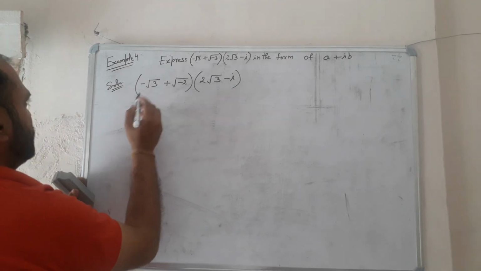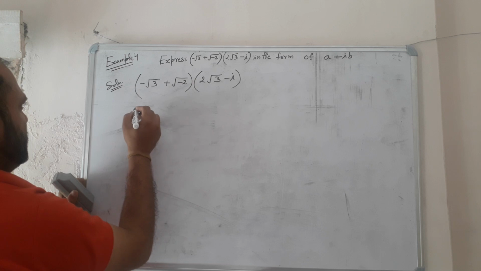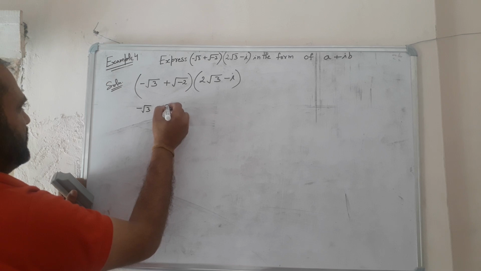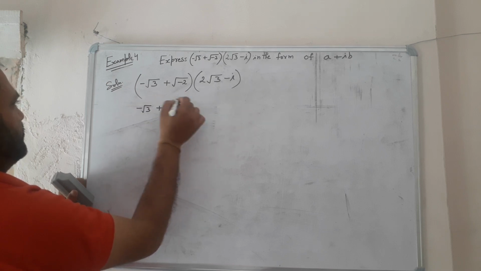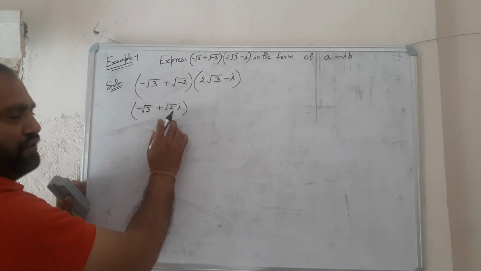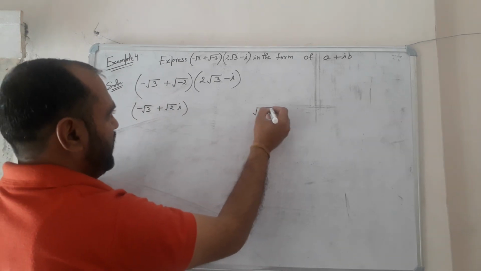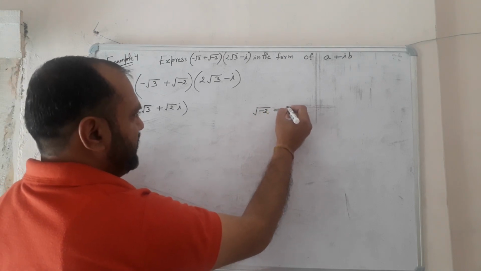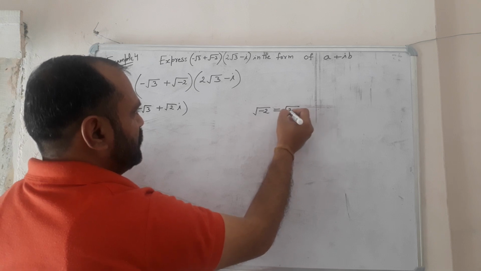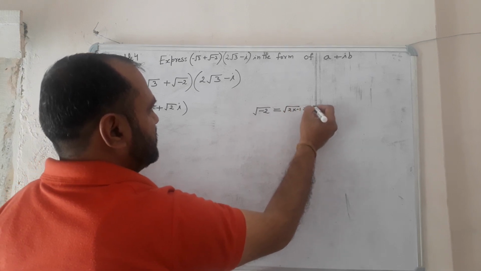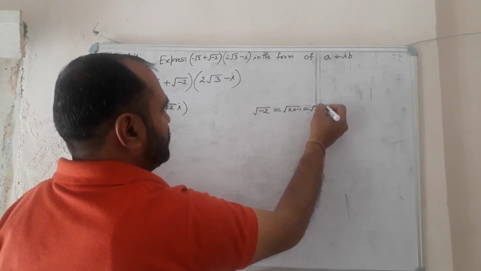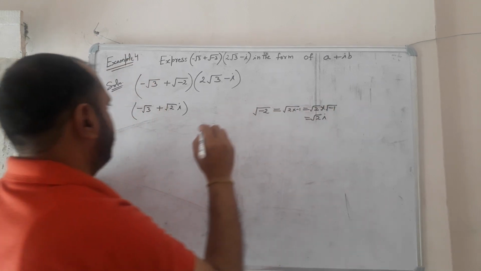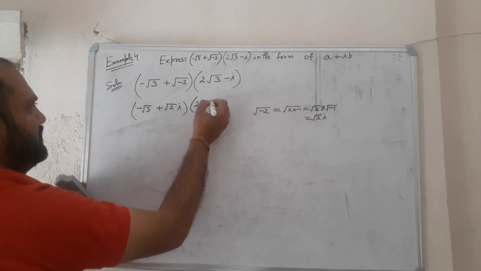So firstly, I simplify this number. As you know, this becomes root 2 iota. I think this is clear to you, as we have discussed already. Square root of minus 2 can be written as root 2 into root of minus 1, that is equal to root 2 iota.